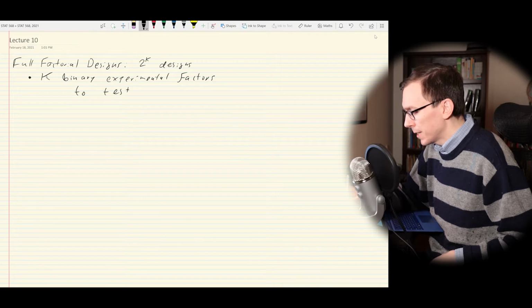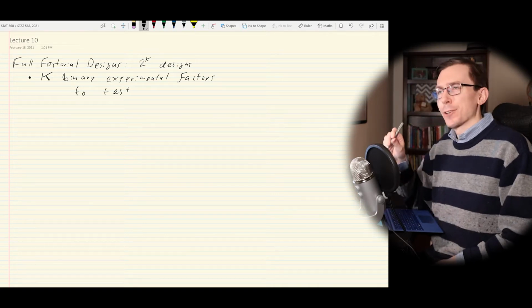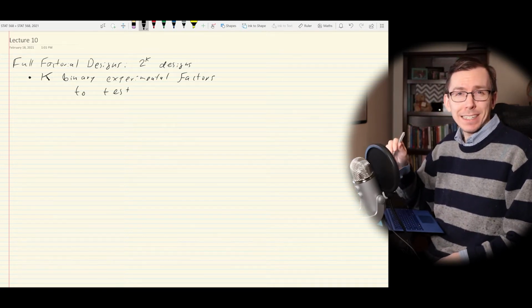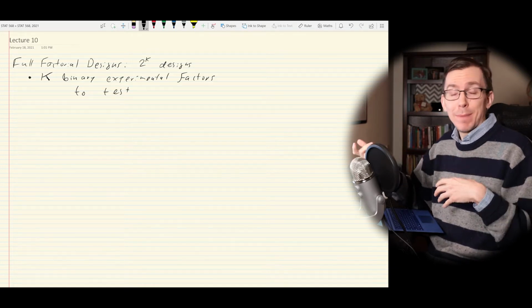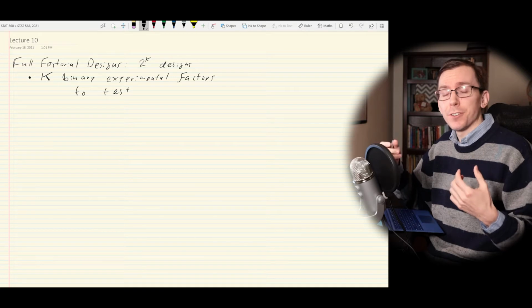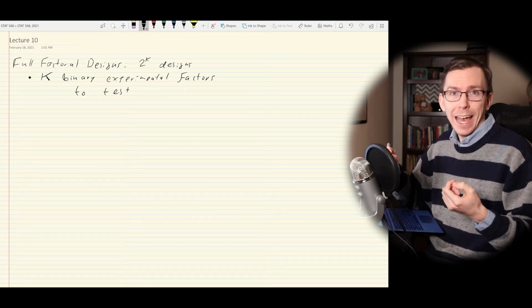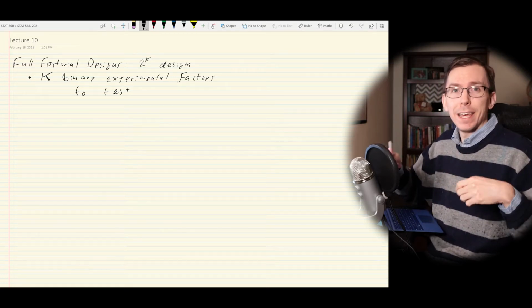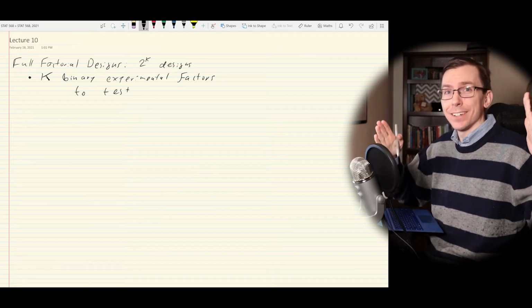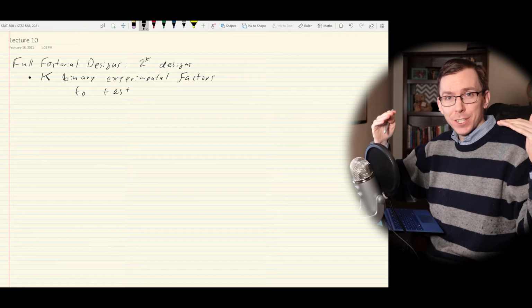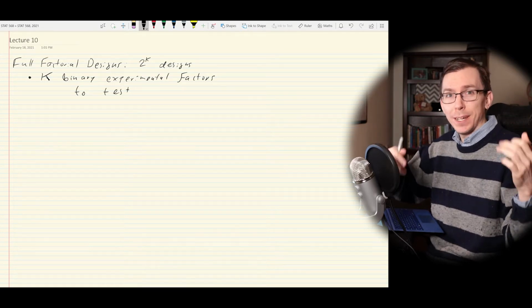We also have to be a little bit careful now about the terminology, because in the previous lectures, I kind of used treatment and factor, experimental factor and treatment interchangeably, because typically we might have only had one experimental factor, which would then be the treatment applied. But in this case, if we have k factors, specific combinations of those factors would correspond to a treatment.